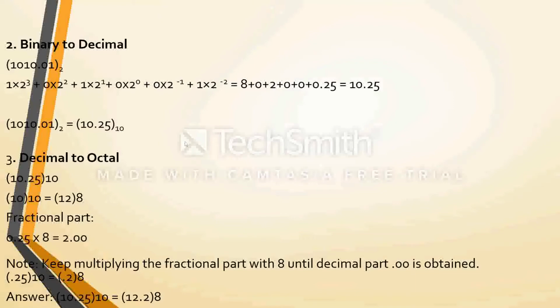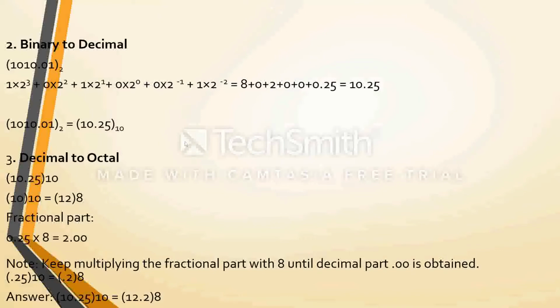So let me revise. In order to convert decimal to binary, consider the integer part, where you need to divide the given number by 2 till you cannot proceed further with the division, and then consider those remainders from bottom to top.